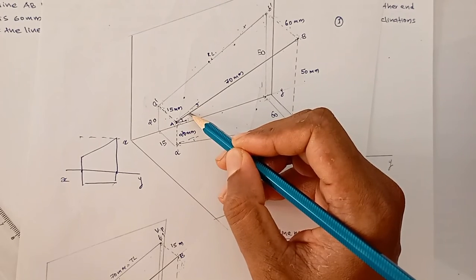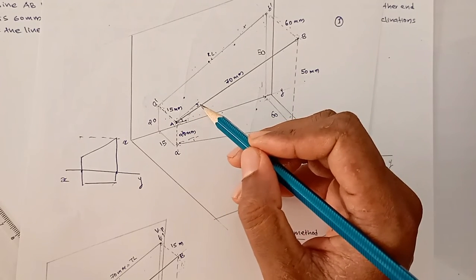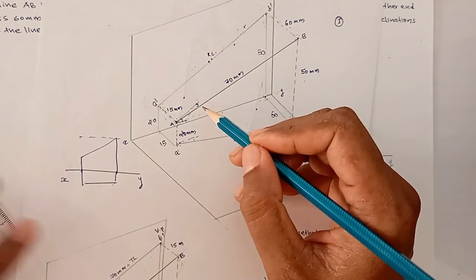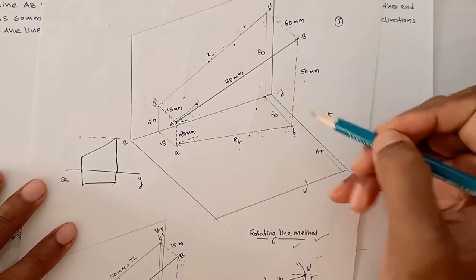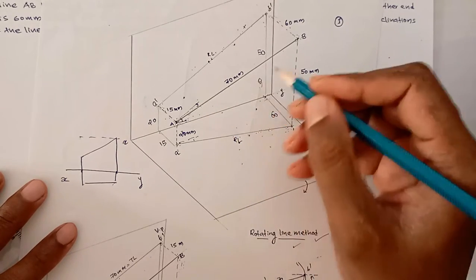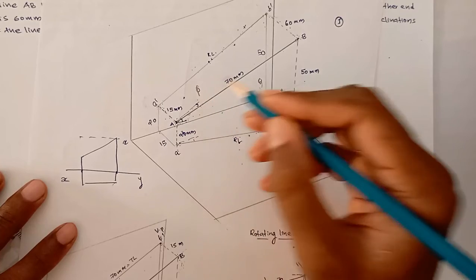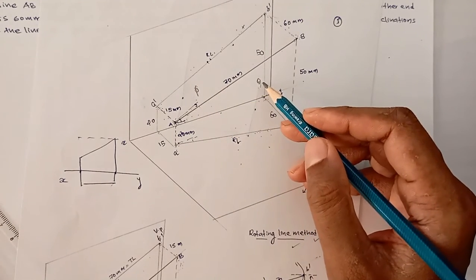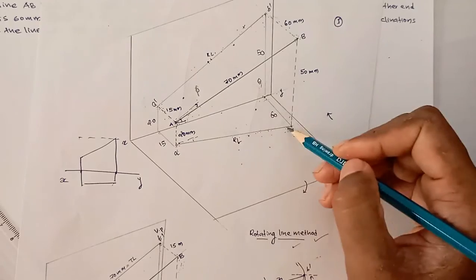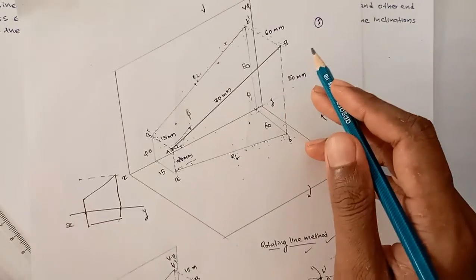Suppose this line makes an angle theta with HP and phi with VP.